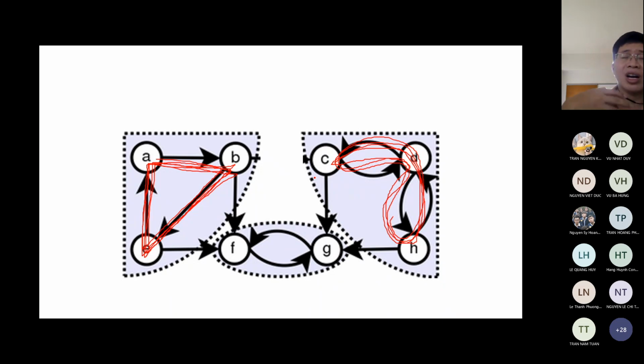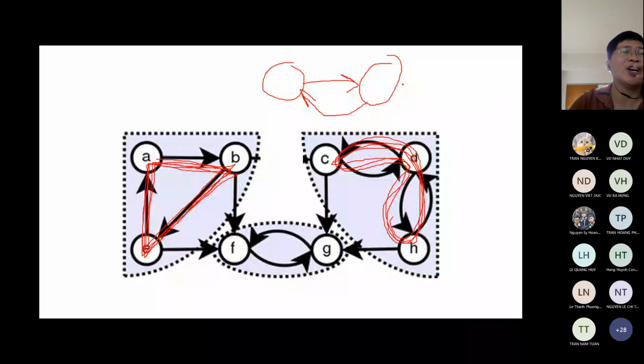Or we have another application, say a friendship network in Facebook. You have your friend, and you add friend. This will be like this, so both you follow back. But sometimes you have some idol, or you want just to follow him, so it is only this way.